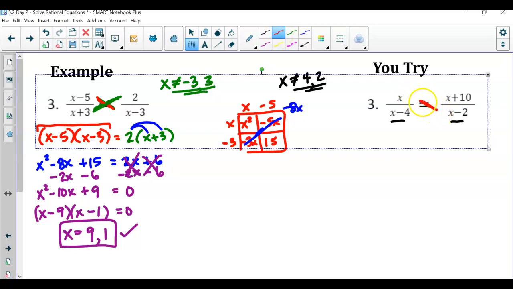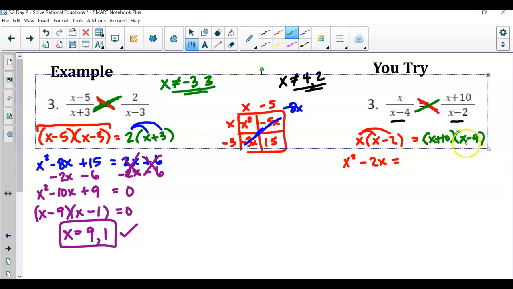So cross multiply. So here I have x times x minus 2, which is equal to, again, cross multiply. So this is x plus 10 times x minus 4. Now on the left side, you're just multiplying or distributing x because it's just the one term. So I've got here x squared minus 2x. That is equal to, now on the right side, we do have two binomials being multiplied together.